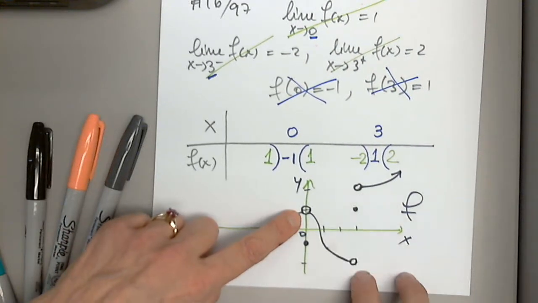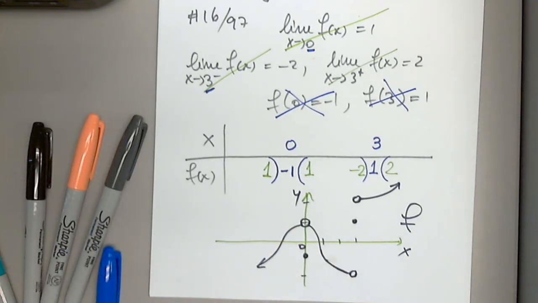This one and this one and this one? This is a function. So if I make the mistake to fill this in, by the vertical line test, it will not be a function anymore. But I'm told f of 0 is -1. It's carved in stone. I can't change that. So that must be the full point and no other at 0. I'm told f of 3 is 1, carved in stone. I can't change that.